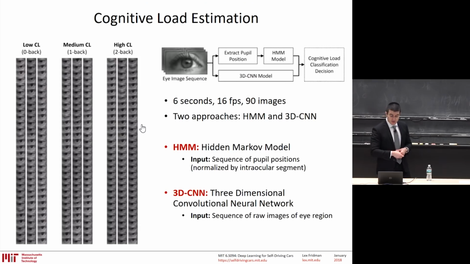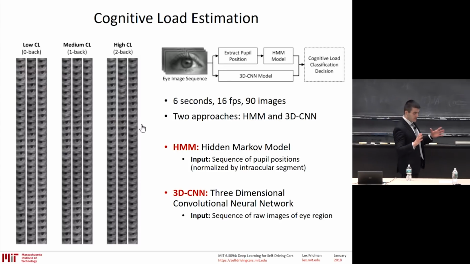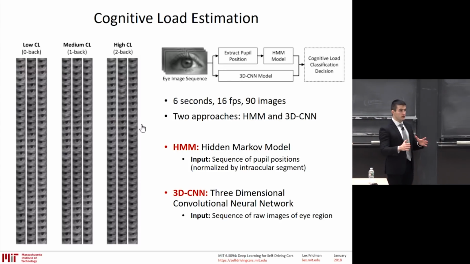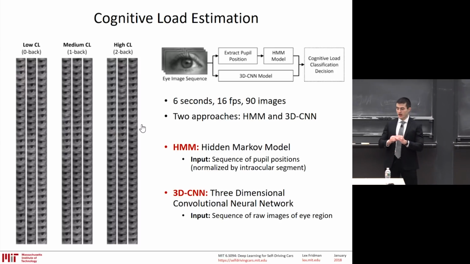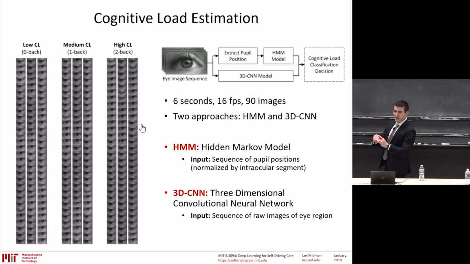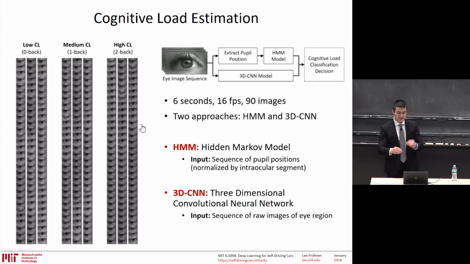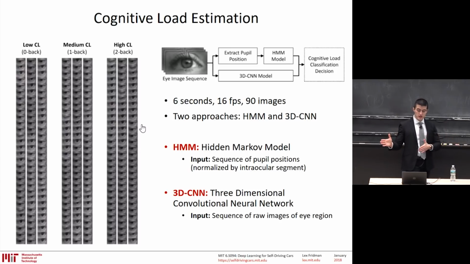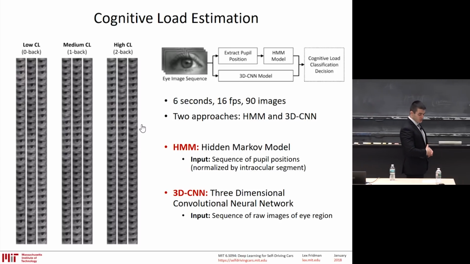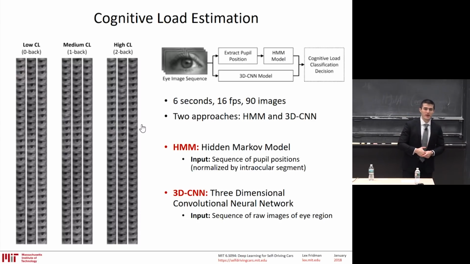Okay, so what do we do? We use face alignment, face frontalization, and detect the eye closest to the camera and extract the eye region. And now we have nice raw pixels of the eye region across 6 seconds of video. We take that and put it into a 3D convolutional neural network and classify simply one of 3 classes: 0 back, 1 back, and 2 back.